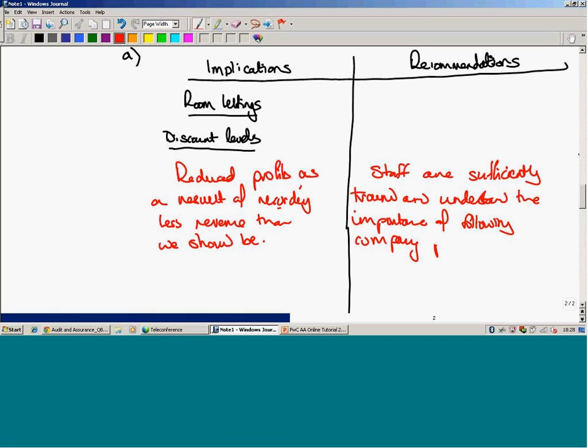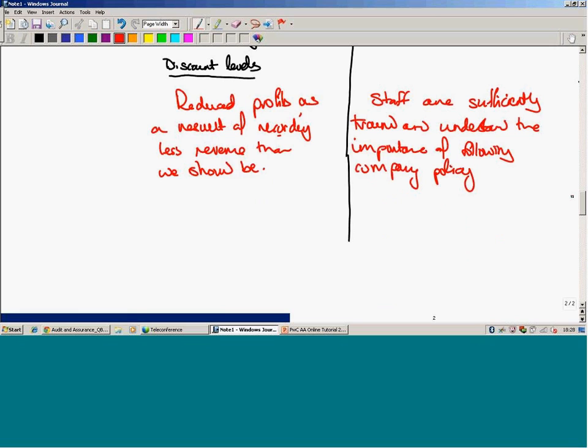Got to be a little bit careful sometimes with the recommendations. Recommendation can't be to have a policy if they already have one. It has to be something to do with ensuring that the policy is working correctly. As opposed to just staff training, which I definitely want to do, that's a good idea. But what else can I do? These authorized limits. What can I have in place? Excellent work, Edwin.